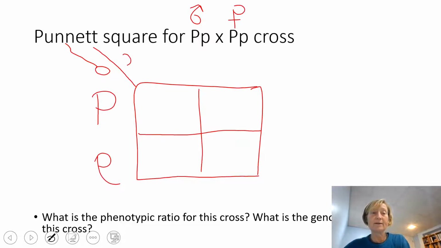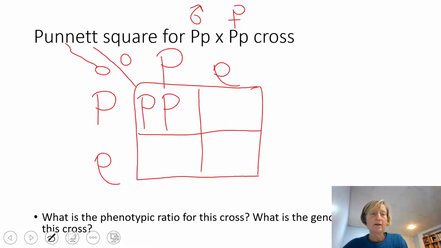My female parent gives the egg, and she can donate either a big P or a little p. And then, by random chance, one egg meets up with one sperm, so we expect in equal proportions to get a combination of the two big P's, a big P, little p, or a little p, big P. I always put the dominant alleles first. Or two little p's.